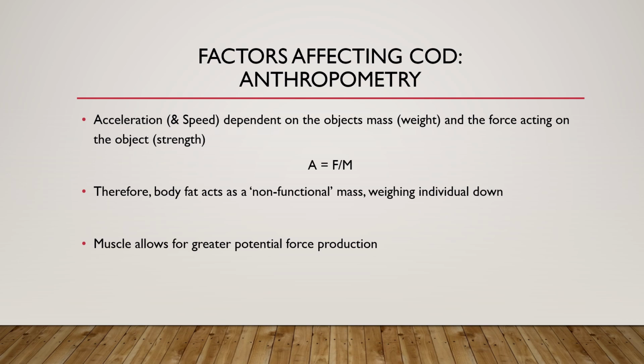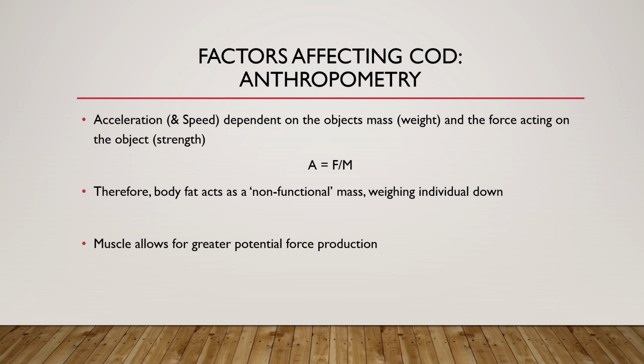So it's adding to the weight of an individual but doesn't contribute to the strength of an individual. It doesn't enable any greater force production. It's effectively just adding weight and adding to the forces that have been applied through the body without having any beneficial element from a strictly change of direction perspective.